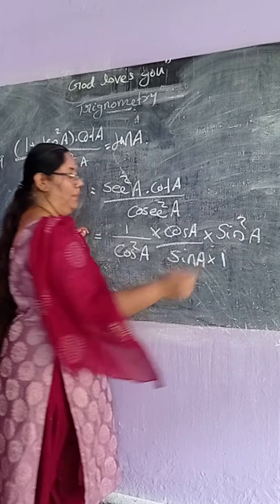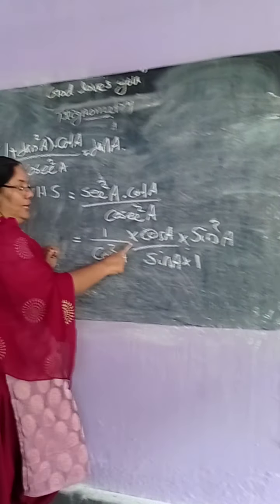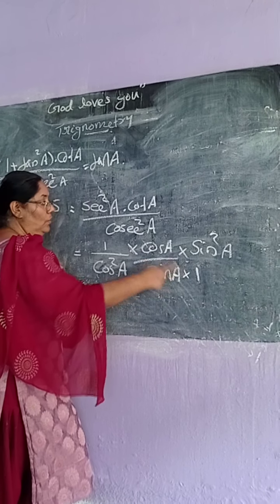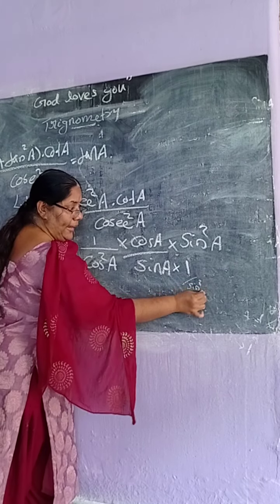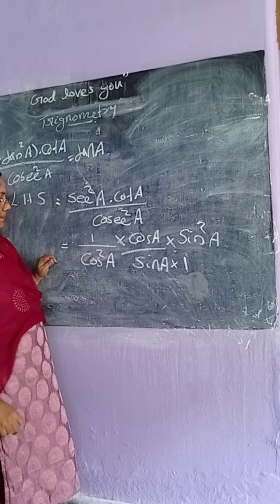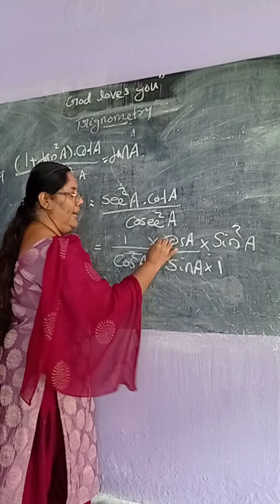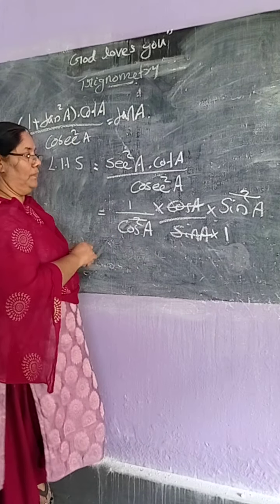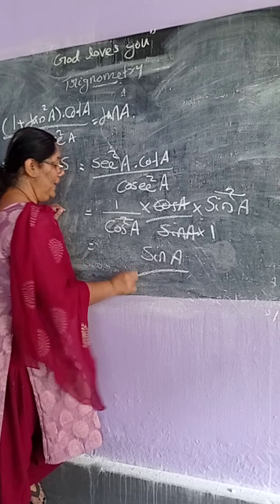Check it once again: sec square A means 1 by cos square A, into cot A means cos A by sin A, into cosec square A means 1 by sin square A. That sin square A comes in the numerator. Which terms cancel? Cos square A and cos A. Agree? Sin square A and sin A. The remaining terms: here one sin A by here one cos A.